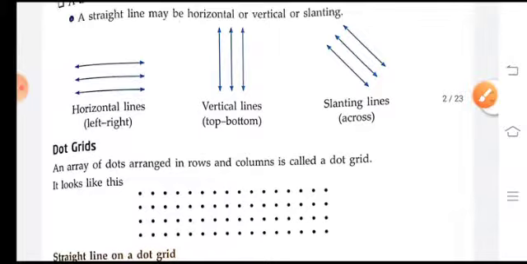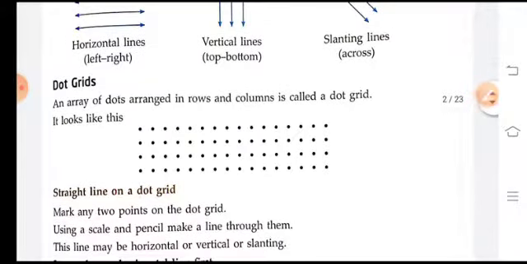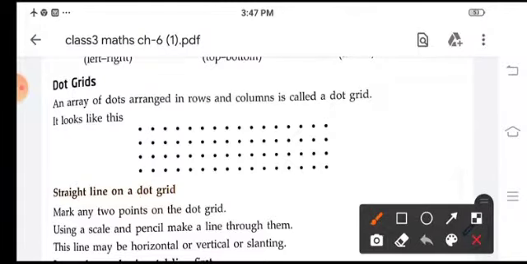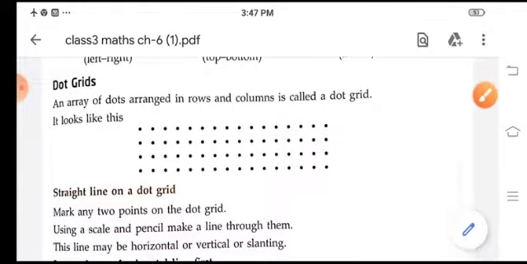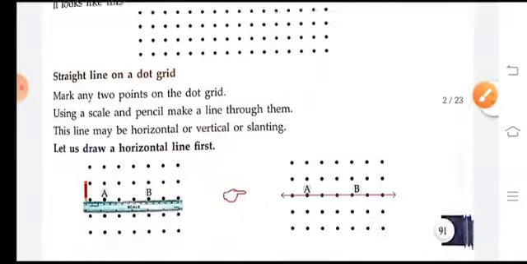Okay, so dot grids. Now we'll start with the dot grid, and how to draw a straight line in a dot grid. A dot grid is an array of dots arranged in rows and columns. So how do we draw a straight line on our dot grid?